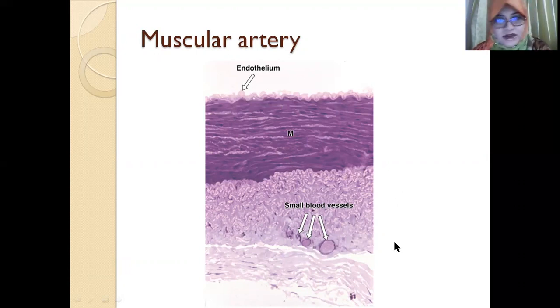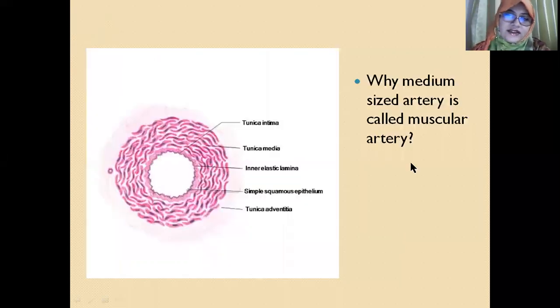And there may be another explanatory question, that is, why is a medium-sized artery called a muscular artery? The answer is, a medium-sized artery is called a muscular artery because in the layer of tunica media, there is a plentiful amount of smooth muscle cells compared to elastic fibers.